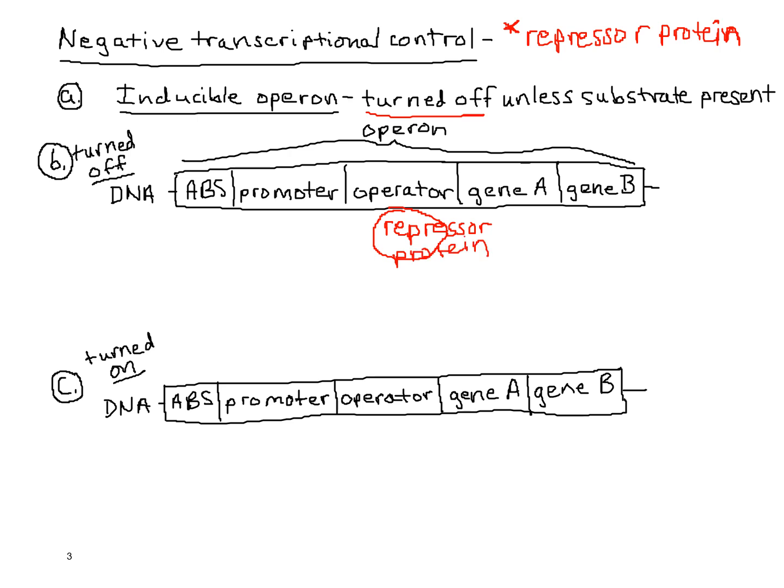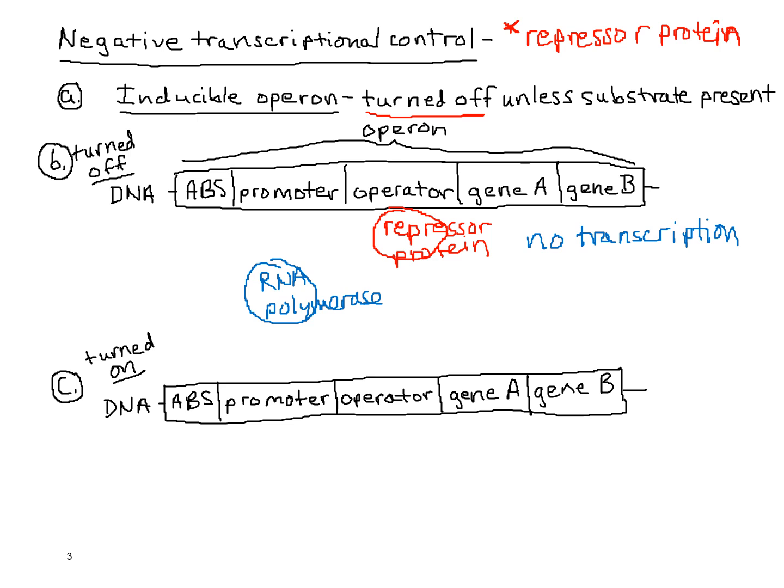So that means that now our RNA polymerase will not be able to bind to the promoter, because our repressor protein is in the way and no transcription is going to occur, and our operon will be turned off.